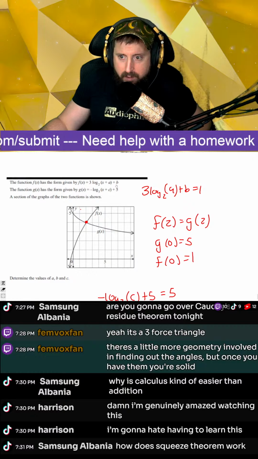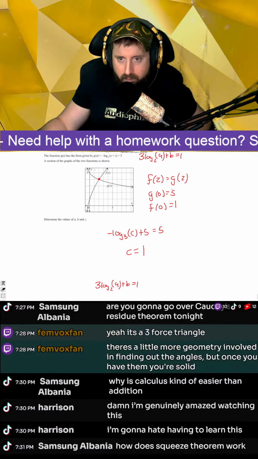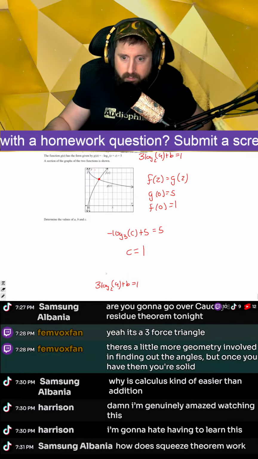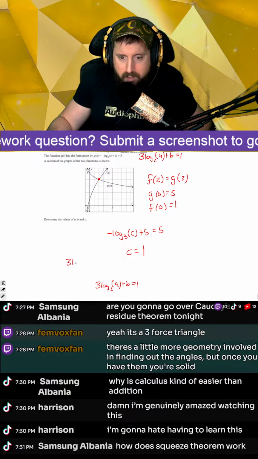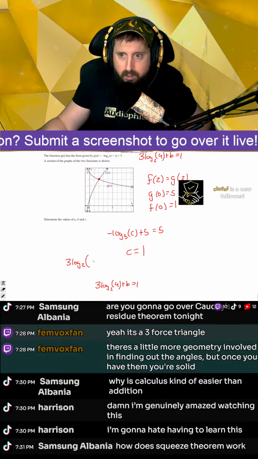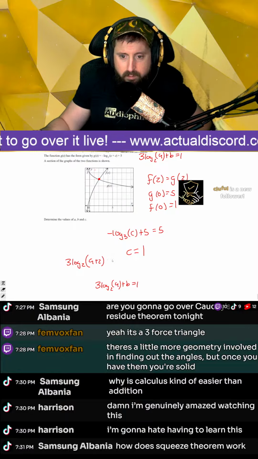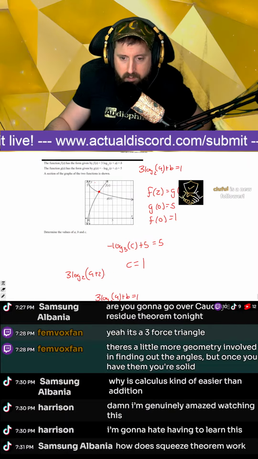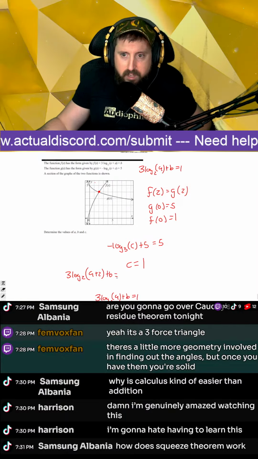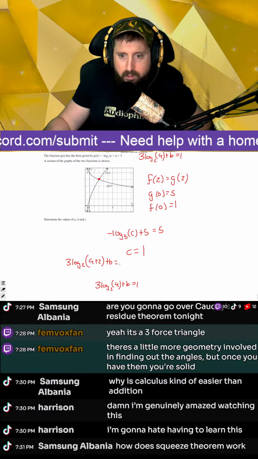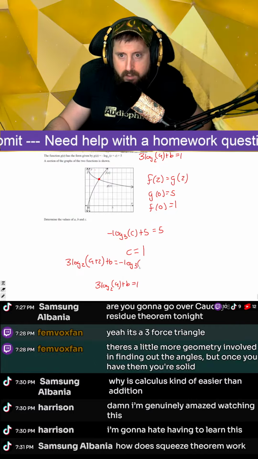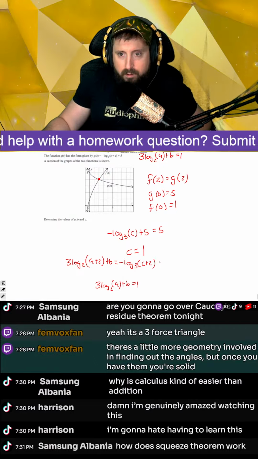But then I also know that F of 2 equals G of 2. So 3 log base 2 of A plus 2 plus B must be equal to negative log of 3 C plus 2 plus 5.